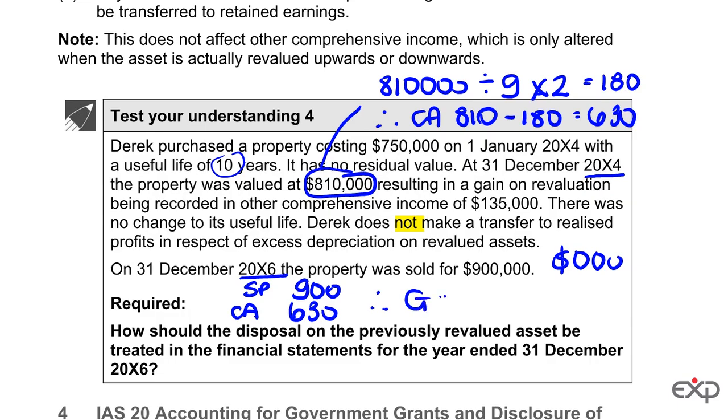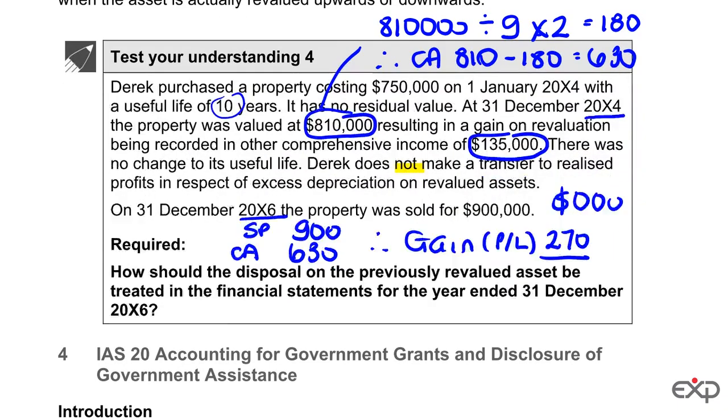Therefore, the gain that's going to go to the statement of profit or loss is going to be the difference of 270. But I've still got this revaluation reserve of 135,000 in the statement of financial position. So I need to remove the revaluation surplus relating to that item, again in thousands, and I'm going to put a transfer to retained earnings.